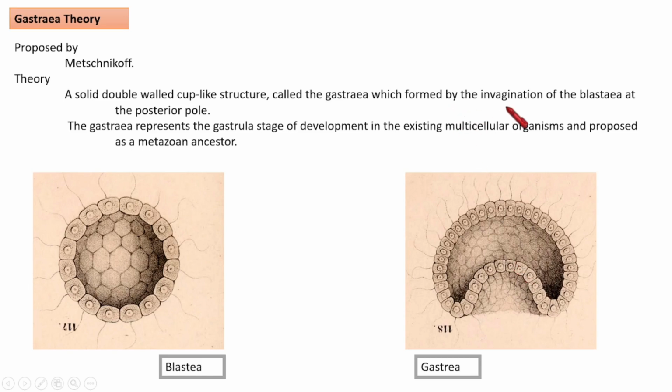How is it formed? It is formed by the invagination of the Blastaea at the posterior pole. Because of the invagination, this Gastraea represents, or resembles, the gastrula stage of development in the multicellular organism.